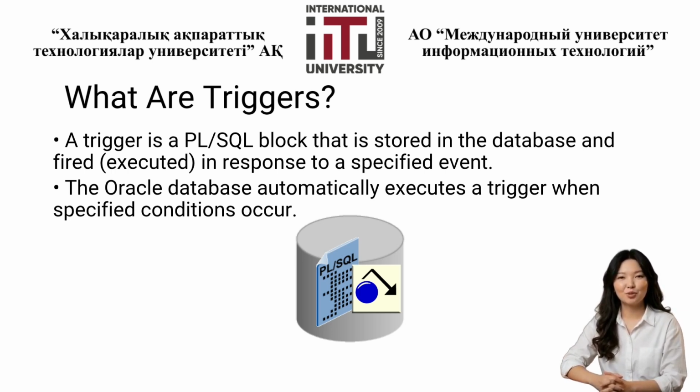These events can include operations such as insert, update, or delete, or other database actions. When the defined condition is met, Oracle automatically executes the trigger. Triggers are commonly used to enforce business rules, maintain data integrity, and automate tasks without requiring manual intervention. Overall, triggers play an important role in making database systems more responsive and self-regulating.